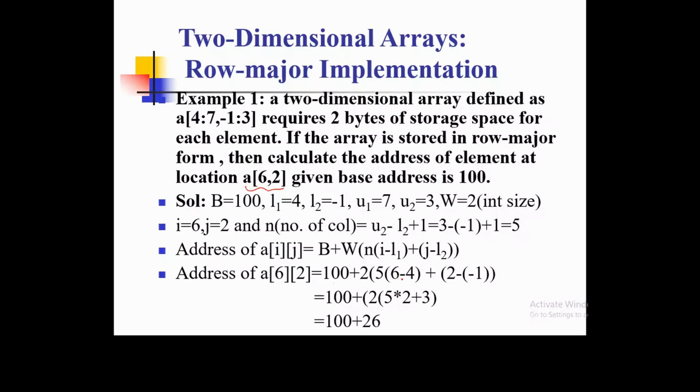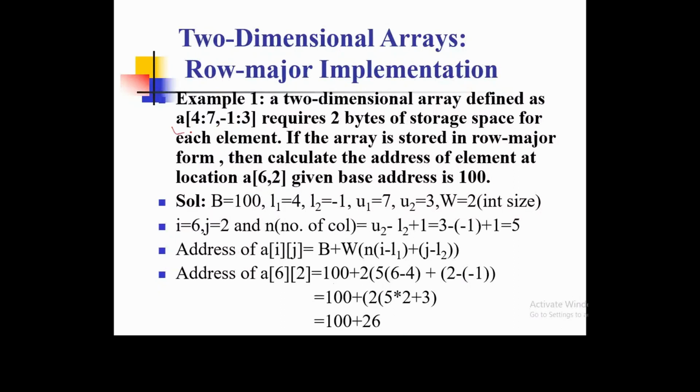So 5 multiplied by 6 minus 4, plus j, which is 2, minus L2. L2 is the lower bound of the second dimension, or the lower bound of the column. So 2 minus minus 1. Okay, so we will get 100 plus 26, that is 126. So it is very simple.